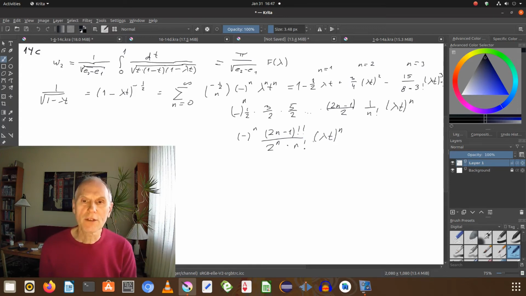Now what's the radius of convergence for this guy? So just take the proportion between two consecutive terms. There is a factor 2n minus 1 halves, a factor n, and a factor lambda.